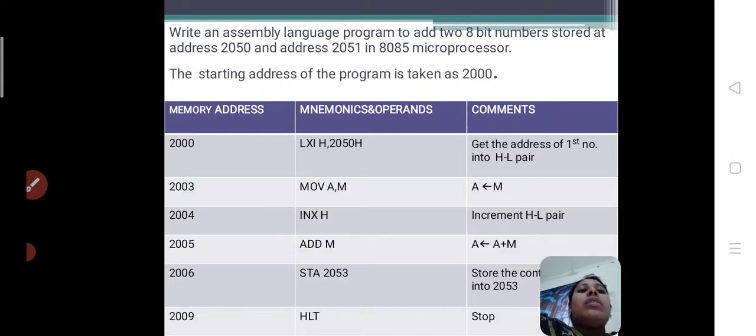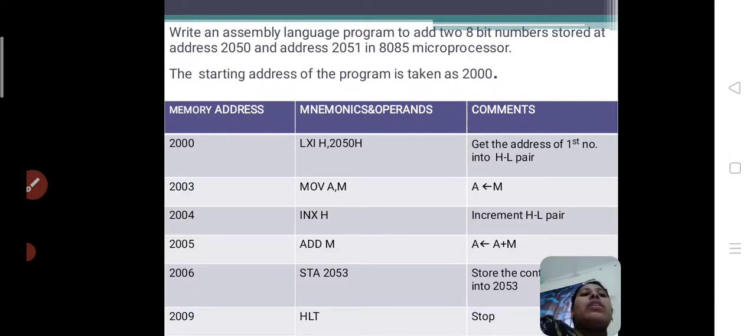In these addresses only we are giving inputs. My aim is to give 49 at 2050 and 56 at 2051. So first we have to write the program for this.